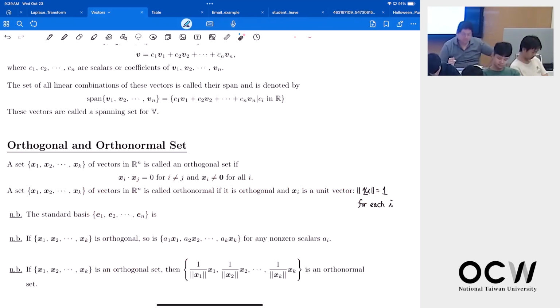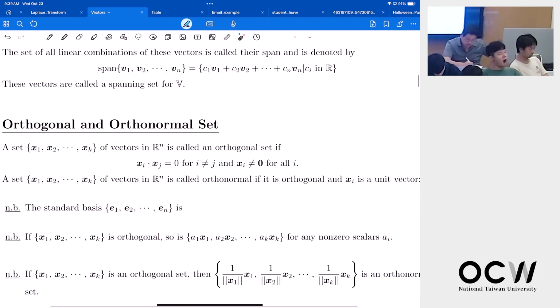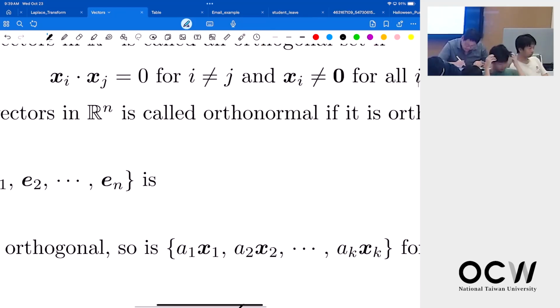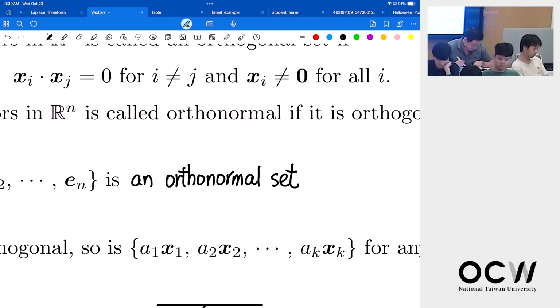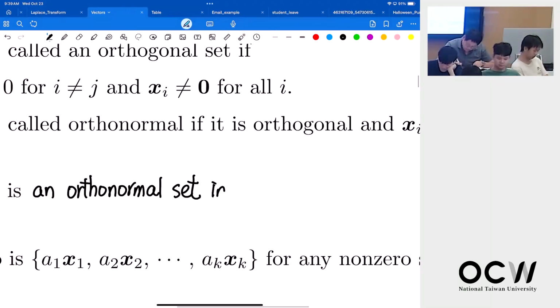So the standard basis is an orthonormal set in Rn.